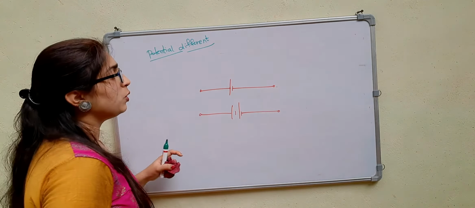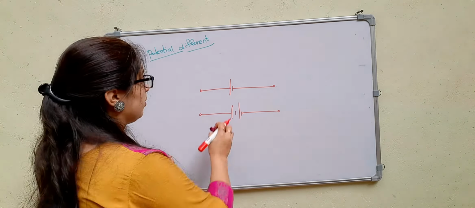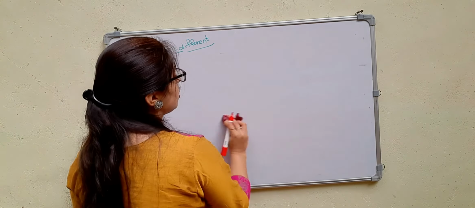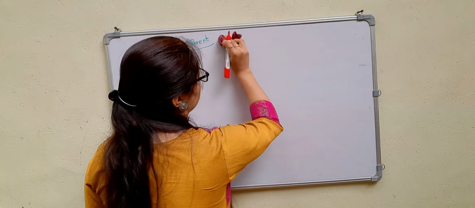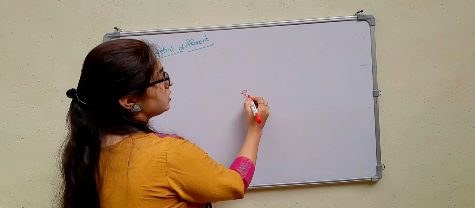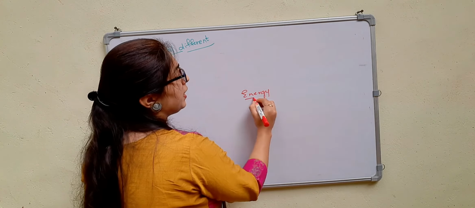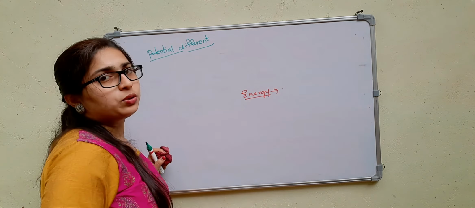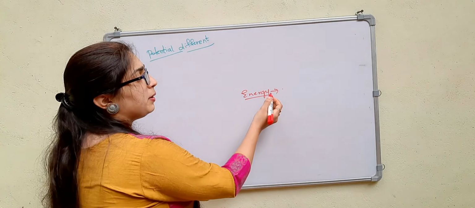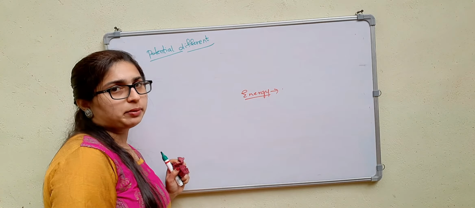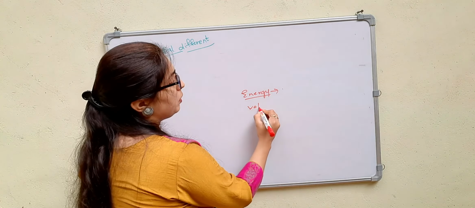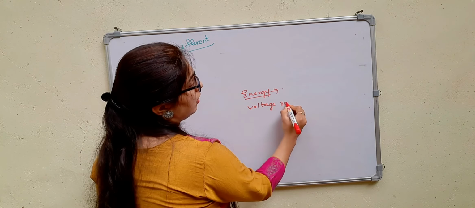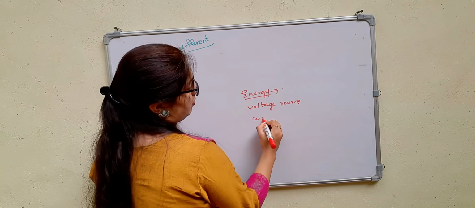This is the concept of cell and battery. Next, what is your energy source? It is nothing but something that supplies energy to the circuit. So it can be in the form of voltage or in the form of current. So we will be having voltage source and current source.